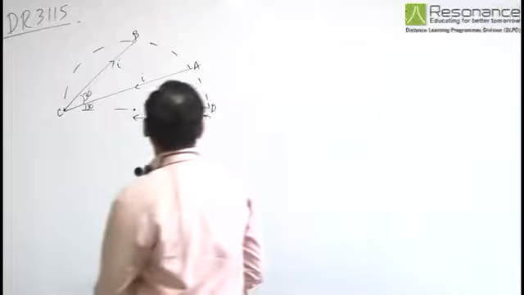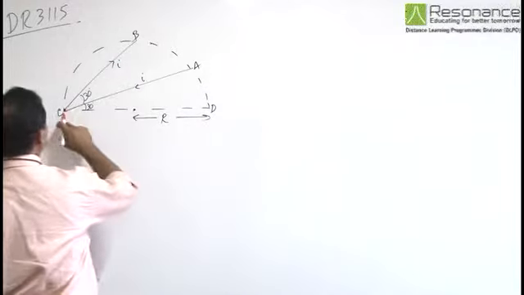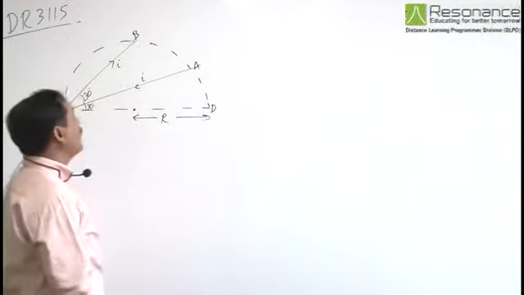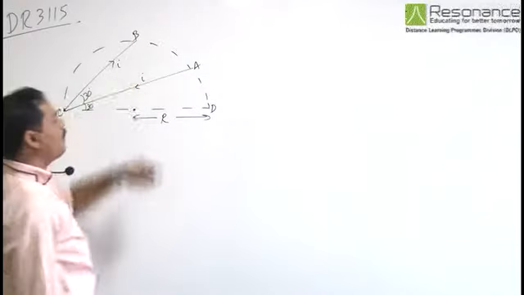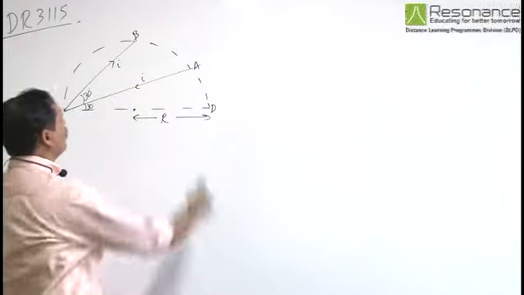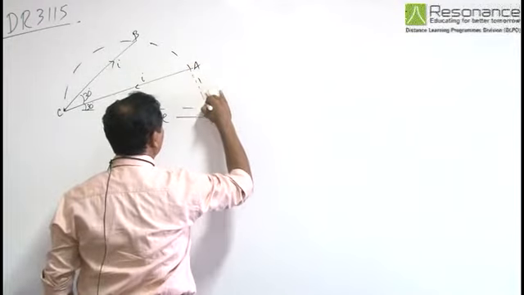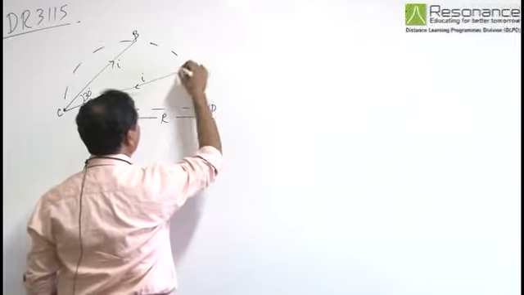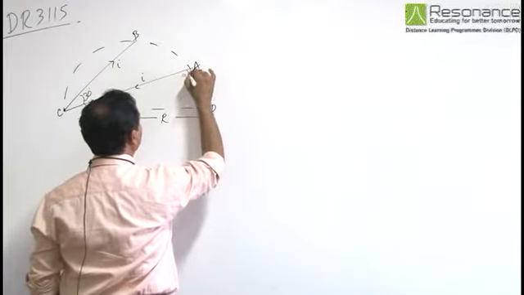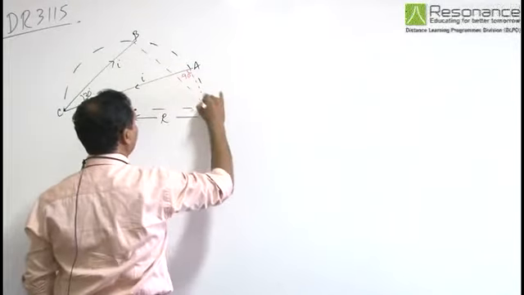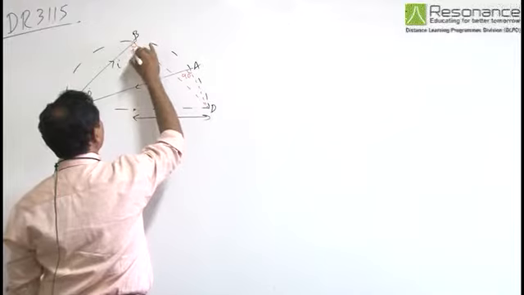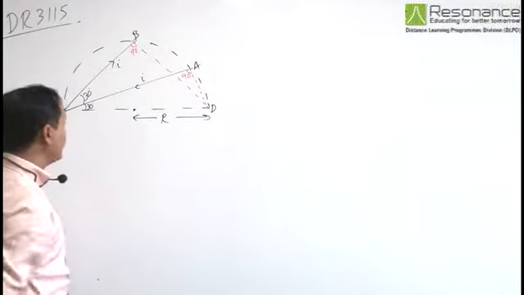So we can see that this AC and CB are finite wires of finite length, as this makes a semicircular angle. This is 90 degree and this angle B is also 90 degree.